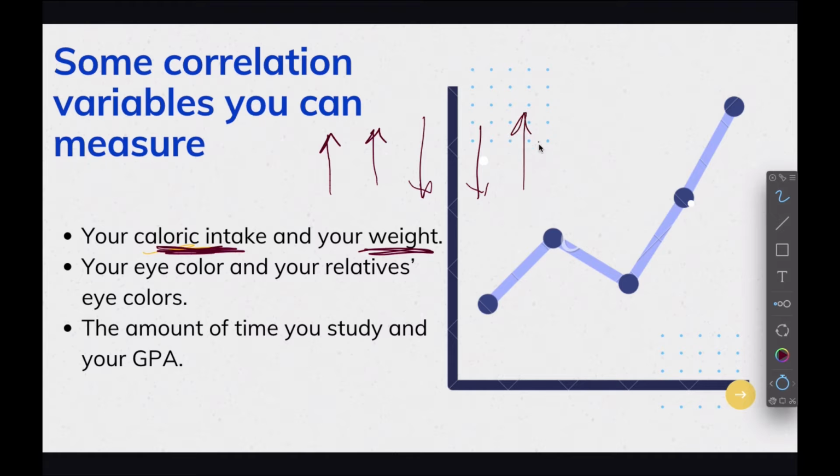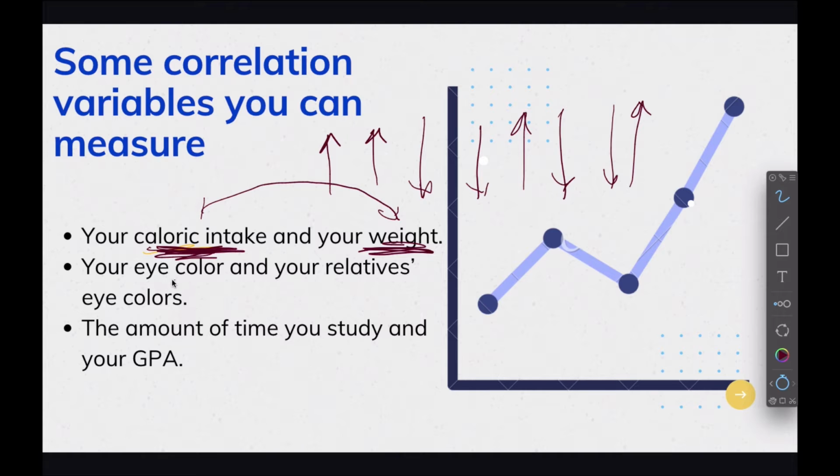Or you take more calories and your weight comes down? Or you take fewer calories and your weight goes up? Is there any relationship between your calorie intake and your weight? We can find the correlation by measuring the correlation coefficient between caloric intake and your weight.